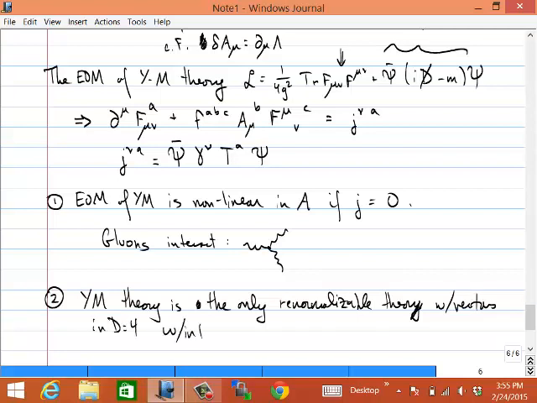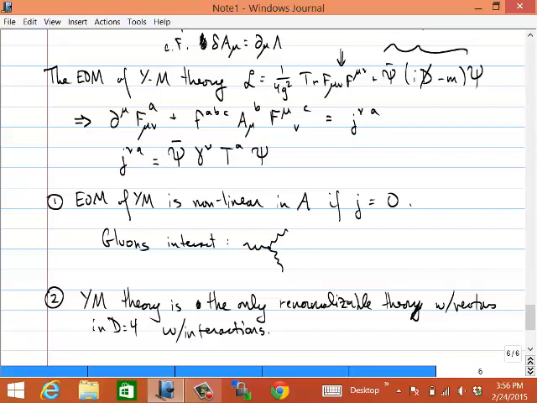I should say really non-trivial renormalizable theories. There are trivial theories that have no interactions. But if you want to construct a renormalizable theory that is a non-trivial theory in the infrared involving vectors, it's got to be a Yang-Mills theory, or else it's trivial. So to some extent, Yang-Mills theory is incredibly natural.